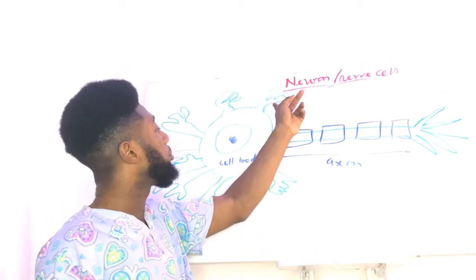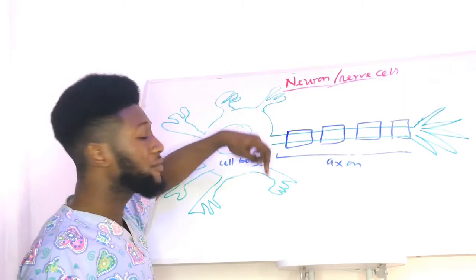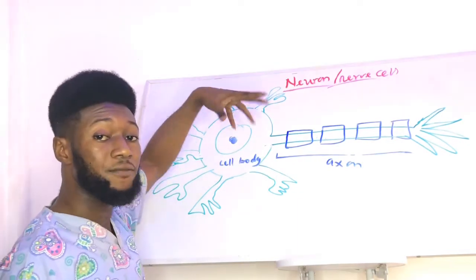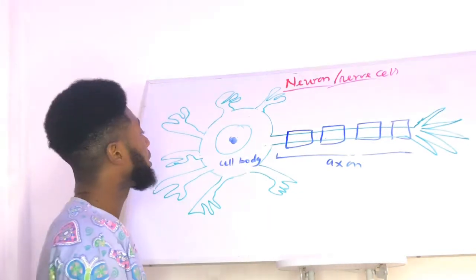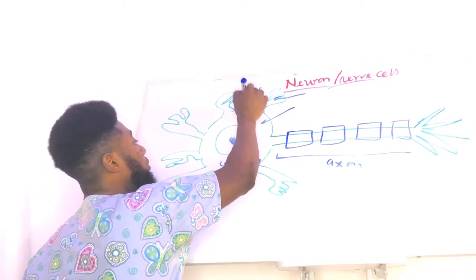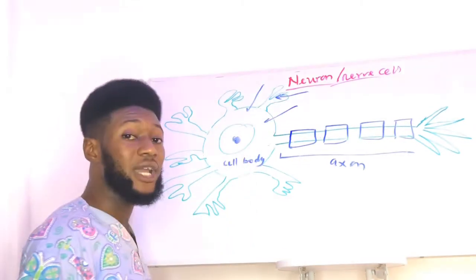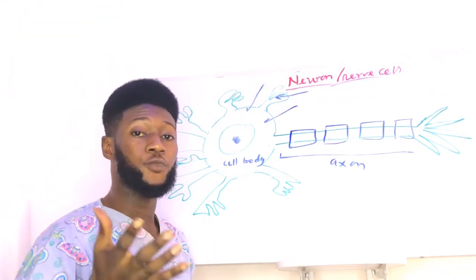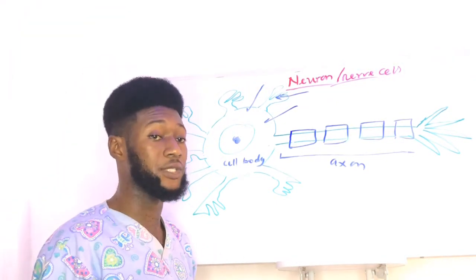So the dendrite increases the surface area to receive information from other neurons.